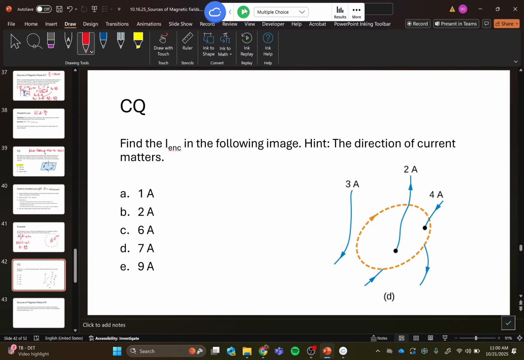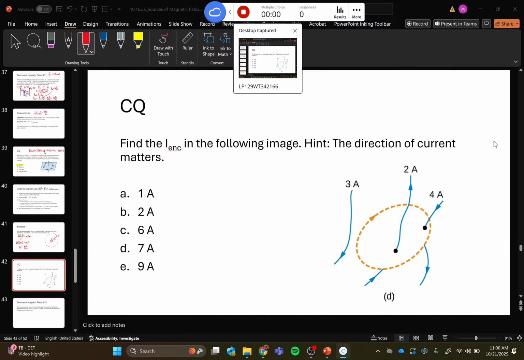We're not worried about the direction. So none of these answers are positive or negative. Don't worry about that. Find the magnitude of the current. If we want, we'll define down as positive.